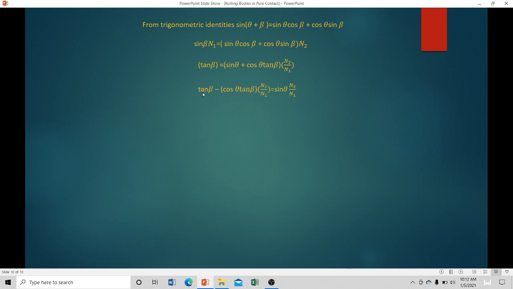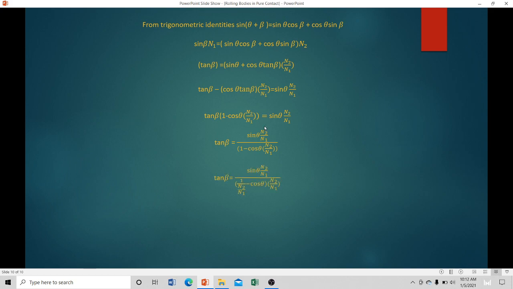We know that tan beta is the common factor, so we factor it out: tan beta times 1 minus cosine theta times n2 over n1 is equal to sine theta n2 over n1. If we divide by 1 minus cosine theta n2 over n1, the equation becomes sine theta n2 over n1 all over 1 minus cosine theta n2 over n1.